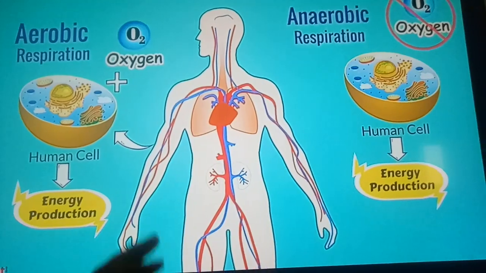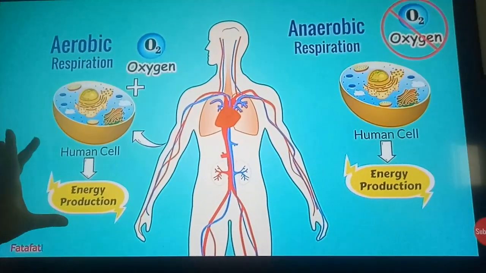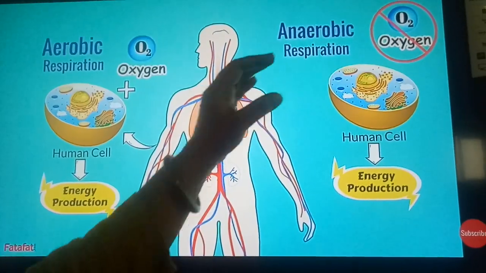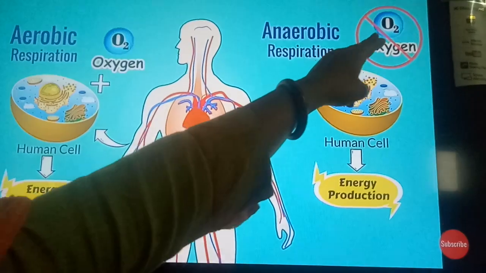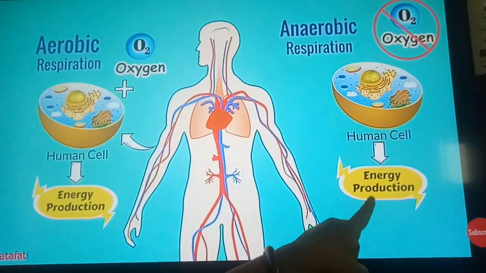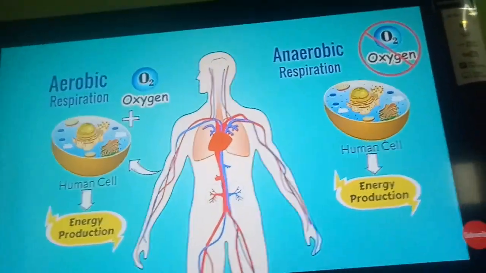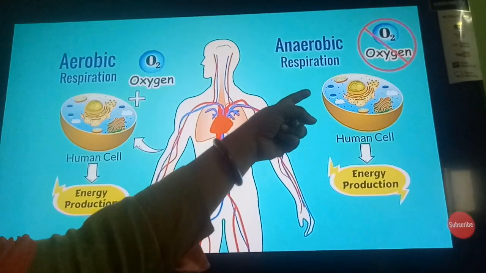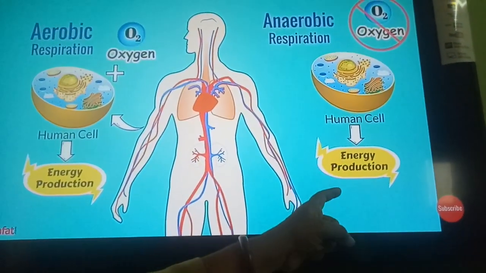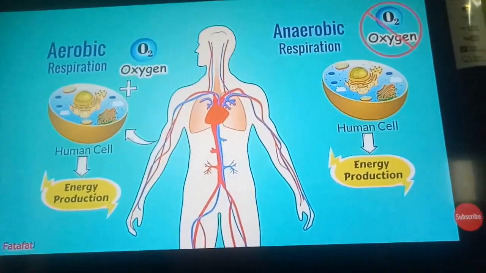But it is not necessary that our cells carry out aerobic respiration every time. In some parts of muscles, sometimes respiration is also done in the absence of oxygen. For the release of energy, when enough supply of oxygen is not there, our muscle cells can carry out respiration in the absence of oxygen, and that type is called anaerobic respiration.